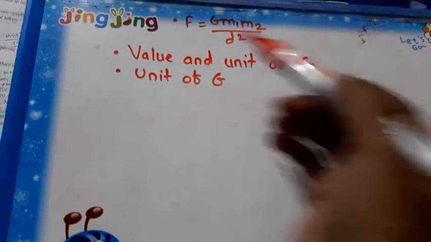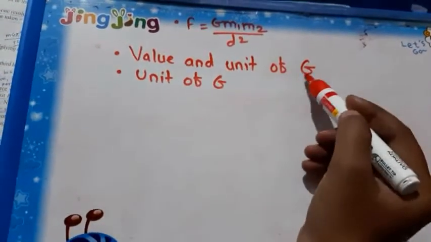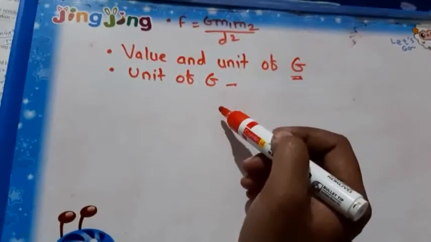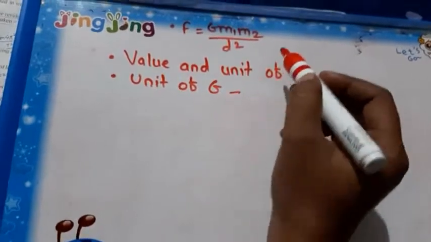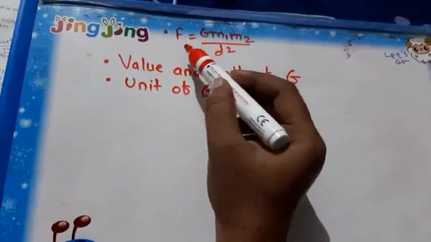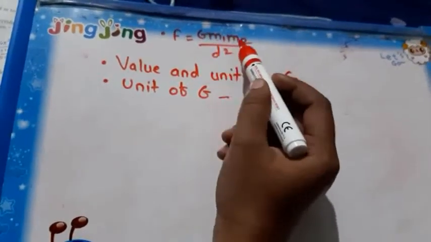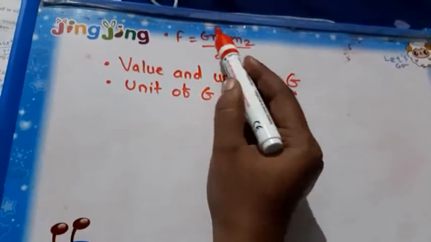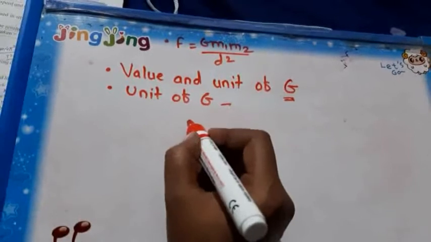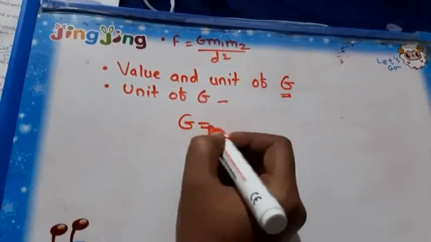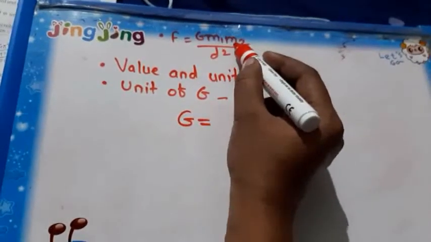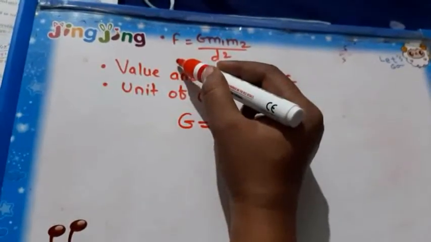Next is the value and unit of the gravitational constant. How to calculate the unit of gravitational constant, we will see. We know that the formula given by Newton's universal law is F is equal to G m1 m2 divided by d square. So this whole formula we will write in terms of G. So G is equal to, this d square will go here in multiplication, and m1 and m2 both will come in the denominator.